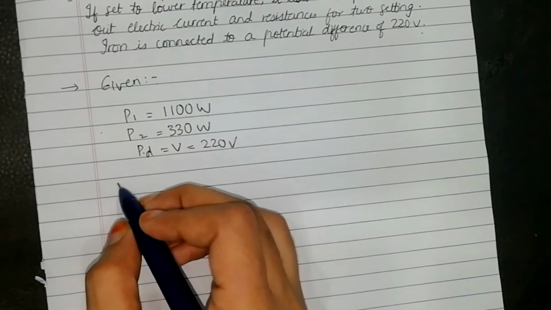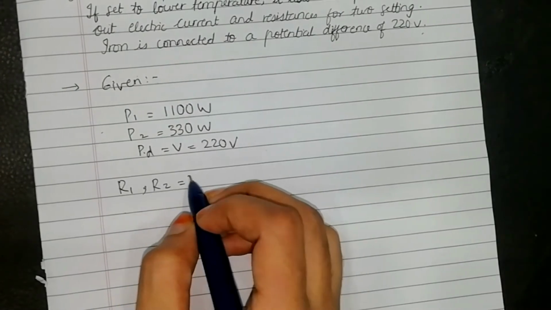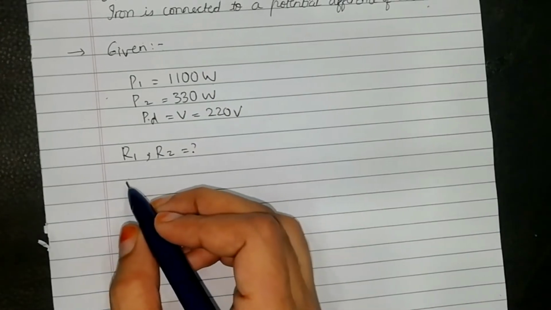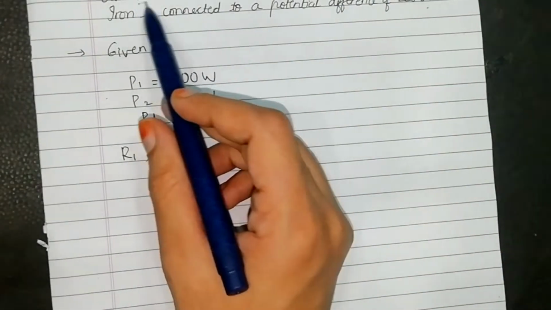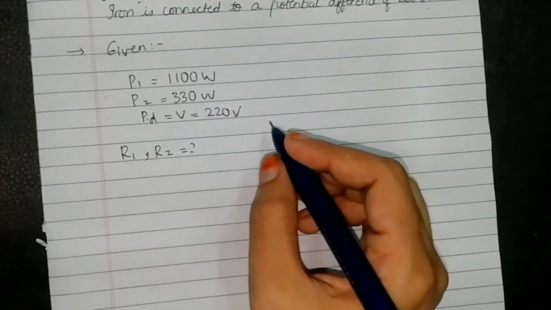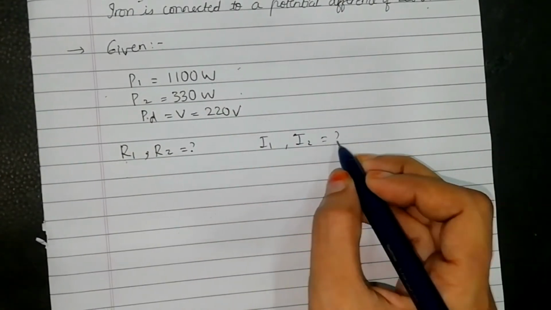We need to find the value of resistance R1 and resistance R2, and even the values of current. So we need to find R1, R2 and also I1 and I2 for these two powers.